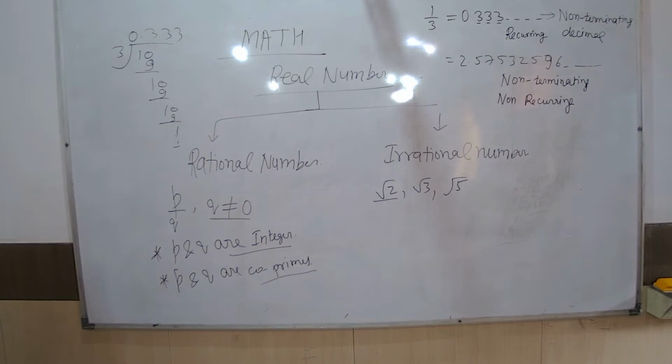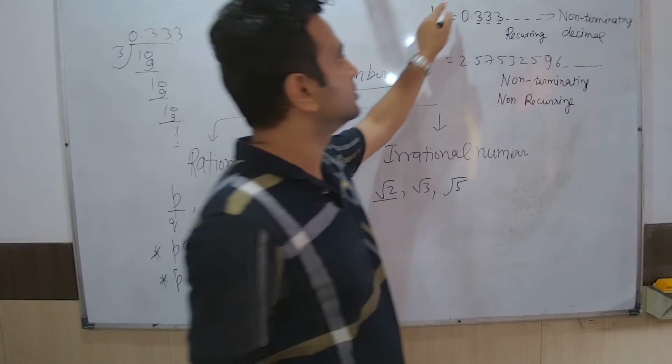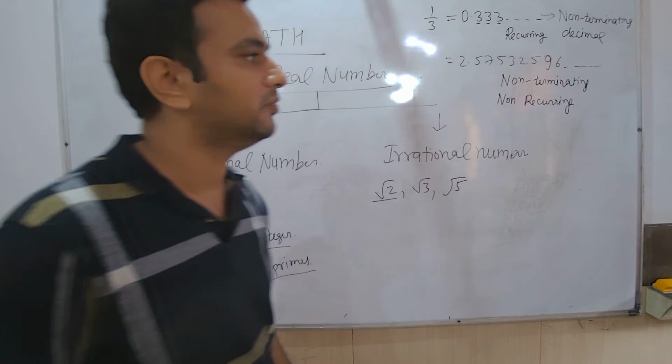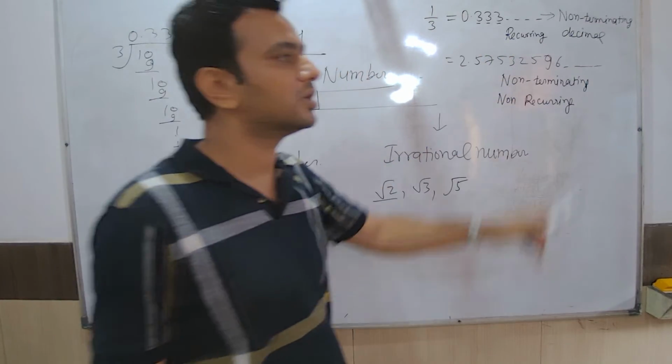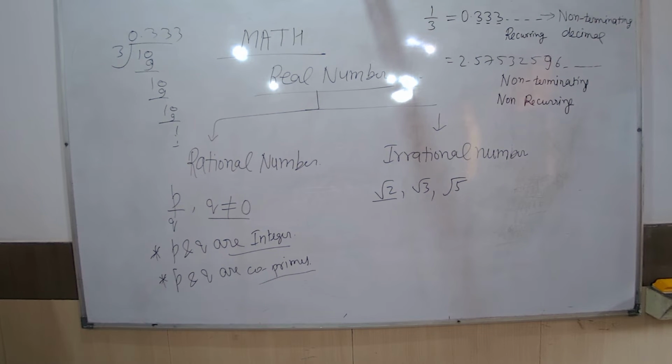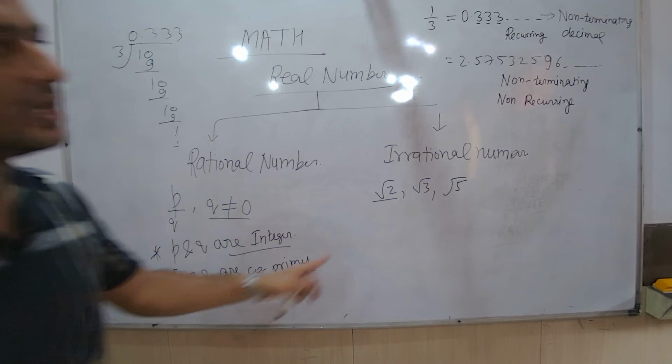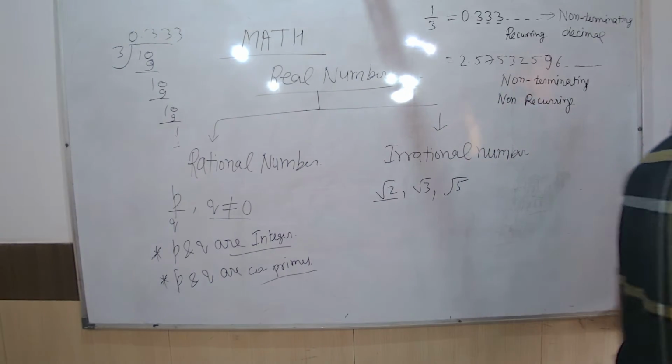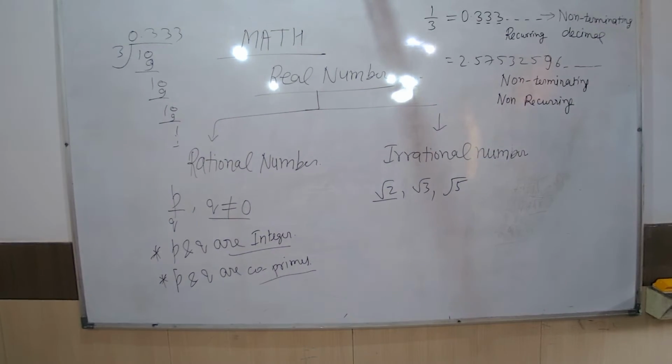If the decimals will complete, so we can say terminating decimal. If division will not complete, so we can say non-terminating. In non-terminating also, if we got a pattern, so we can say non-terminating but recurring or repeating decimals, clear? In this case we are not getting any pattern, so this is a non-terminating non-recurring decimals, okay.